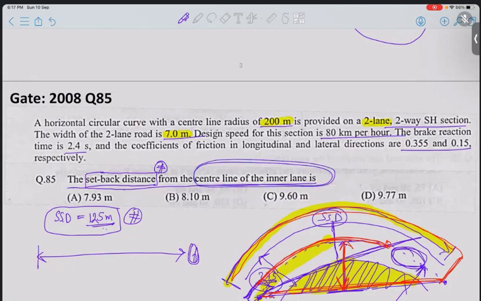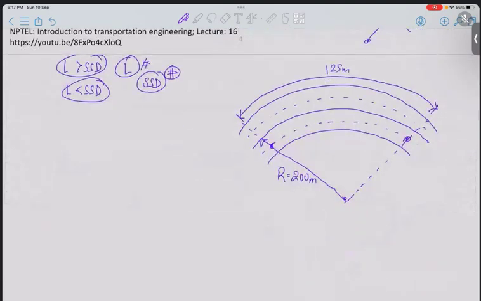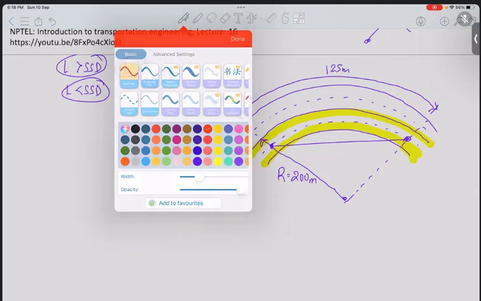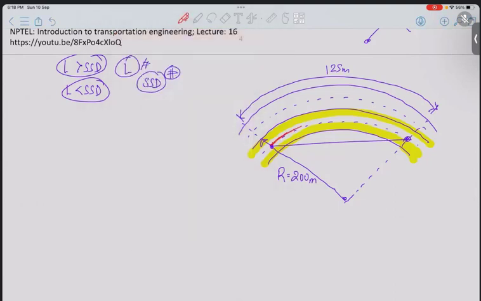So we have to calculate the angle using this particular arc. This is the inner lane. Let me highlight it. So we are going to calculate this arc angle using this and this radius, which is a part of the radius. The whole radius starts from here, we have to use this part of the radius.